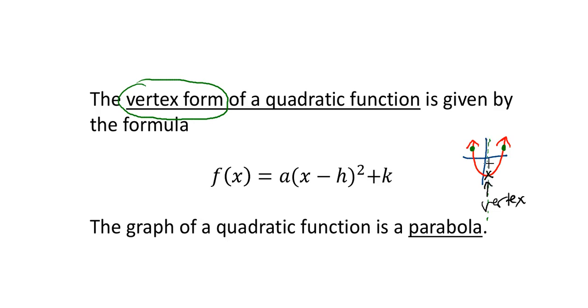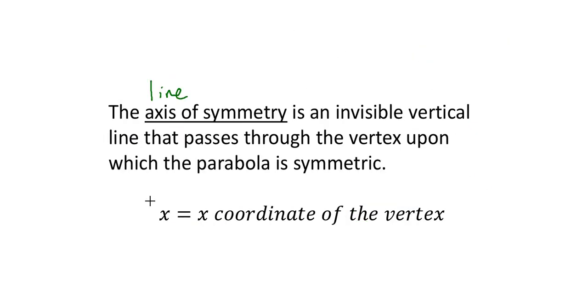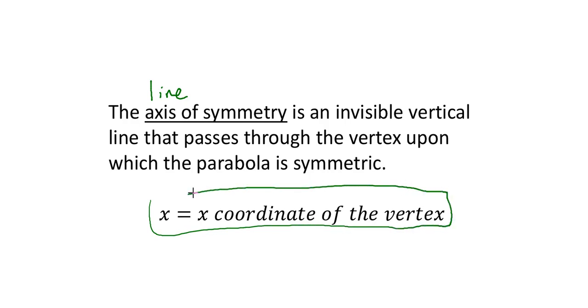Since it is a vertical line, it's going to be x equals some number. The number that it should equal is whatever the x coordinate of the vertex is, because that vertical line should be passing through the vertex. That is why we have this formula here. So x equals the x coordinate of the vertex is the equation that describes this vertical line of symmetry. And that's how you'll have to answer that when you're doing the homework on MyMathLab. If it asks you for the line of symmetry, you'll have to type in x equals a number to describe that line of symmetry.